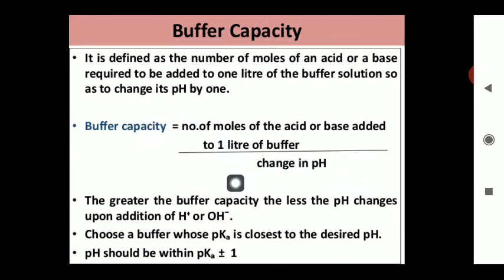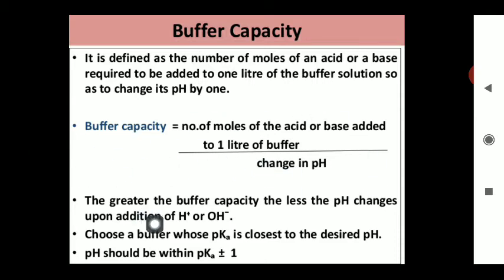So this is the basic formula by which you can find out up to what extent the solution maintains its pH even by adding some external compound. So complete buffer capacity can be summarized with the help of this specific formula.